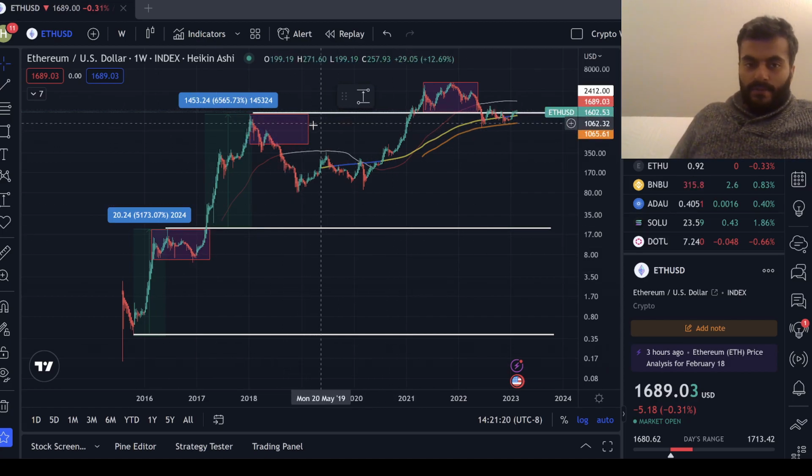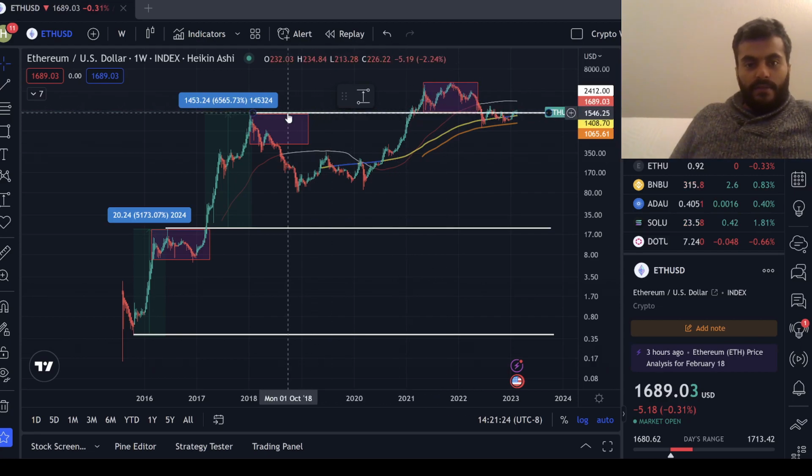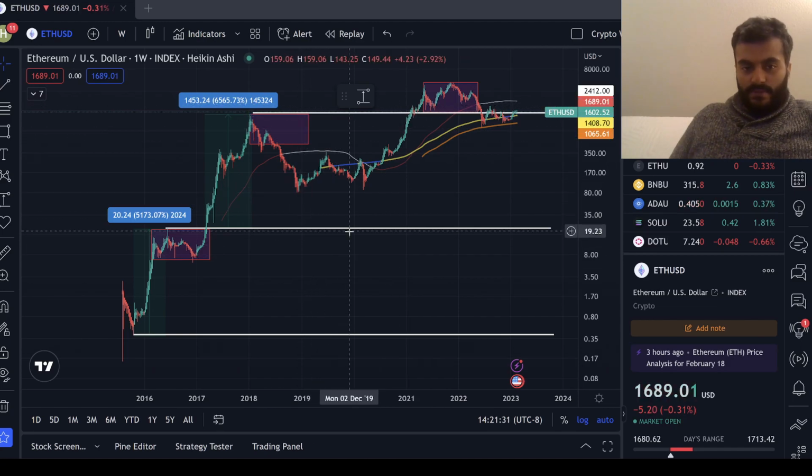But now in the recent cycle, Ethereum only made about a 3x from this all-time high, which is highlighted in the white band.